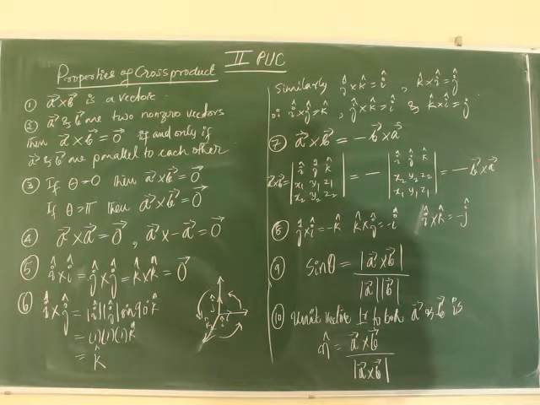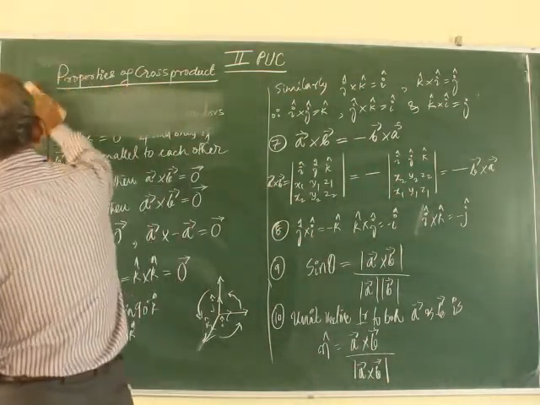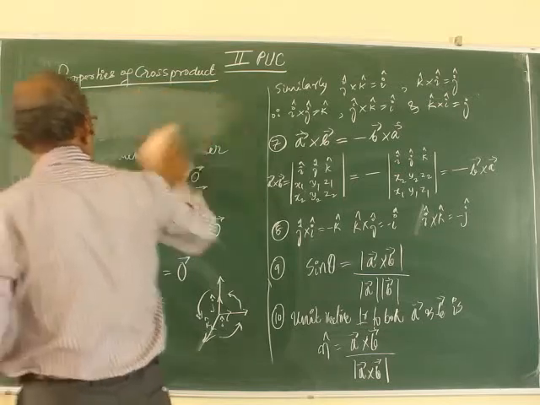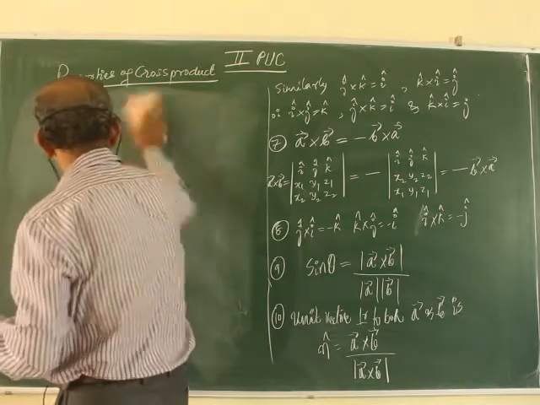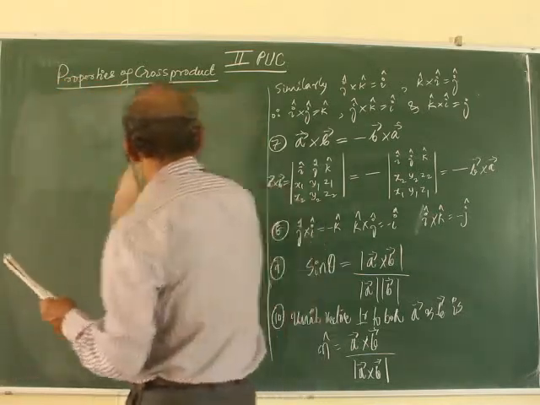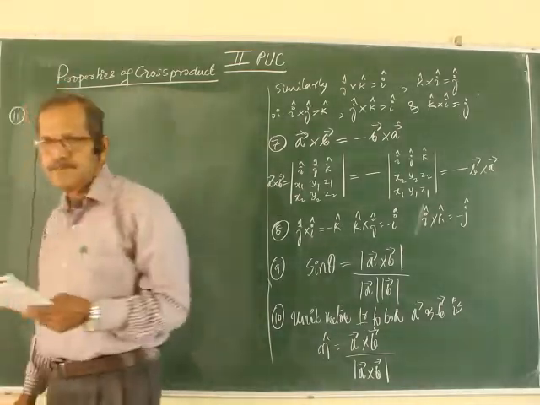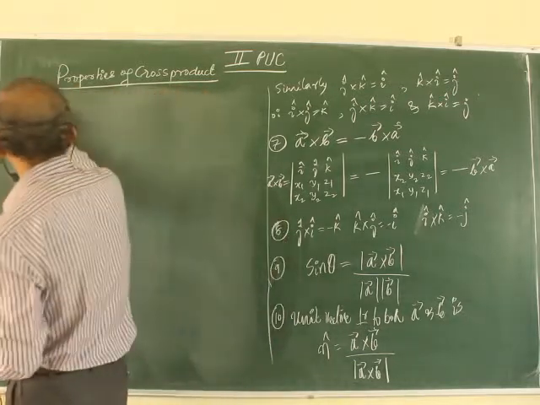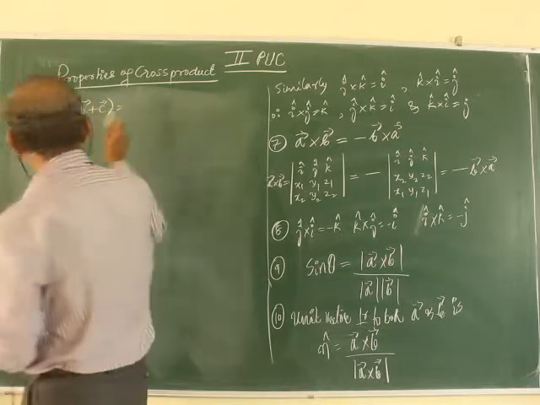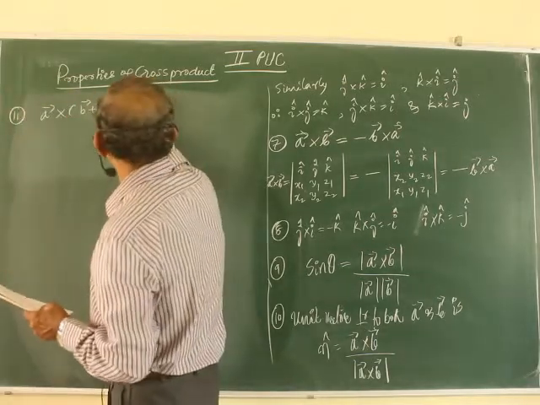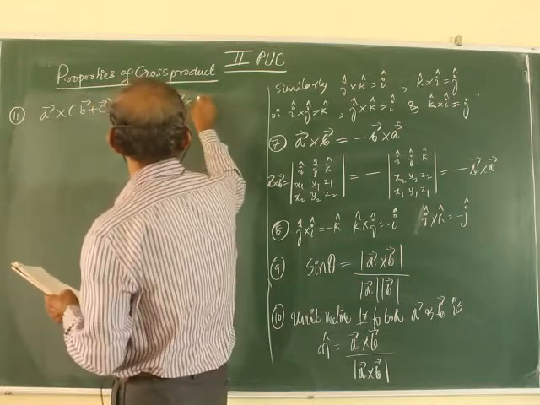Okay, the 10th one is over. Let me write the 11th one. Property number 11: A cross (B plus C) equal to A cross B plus A cross C. Careful.